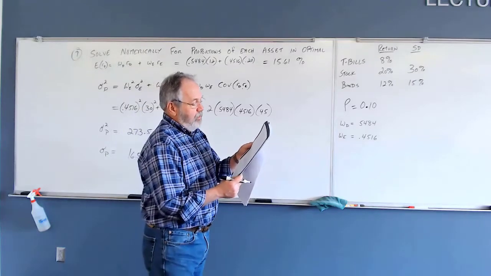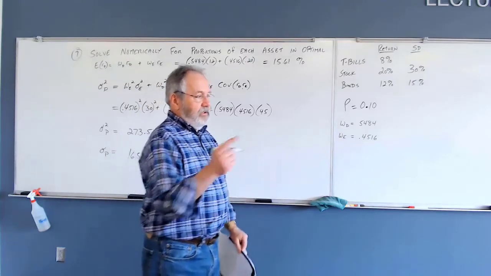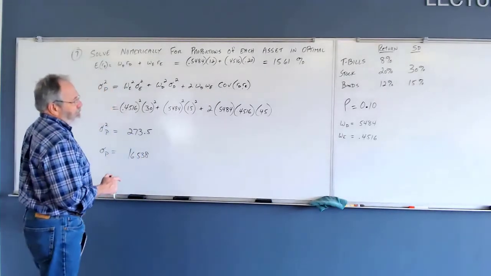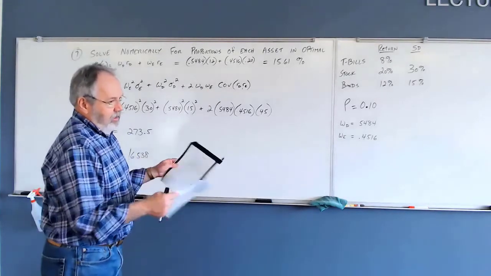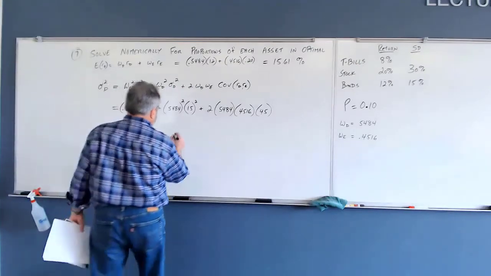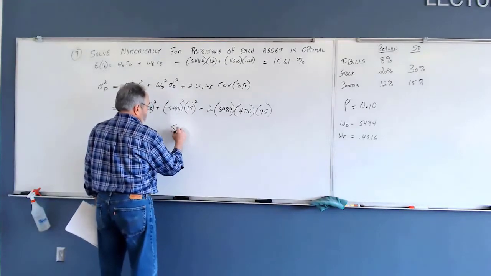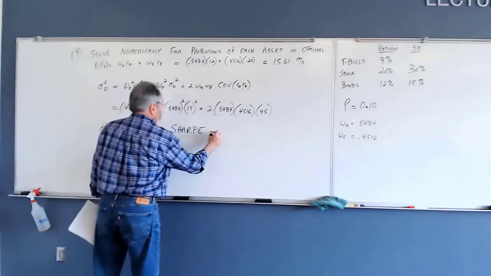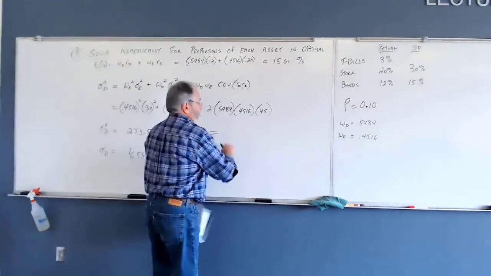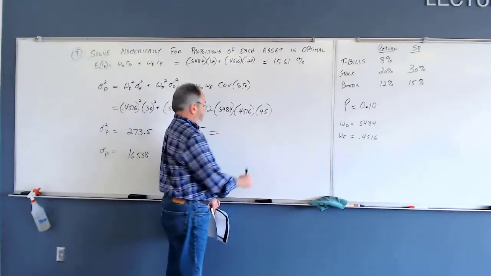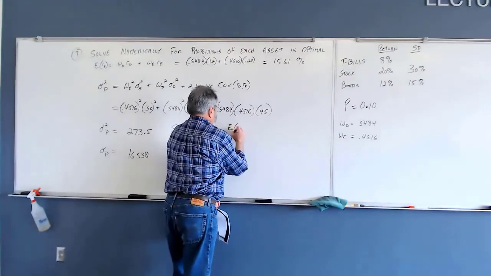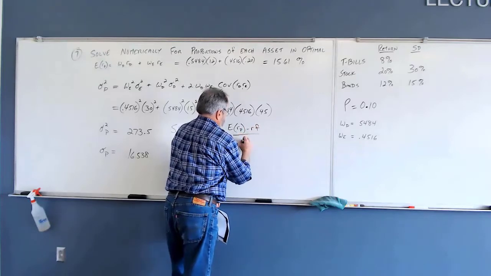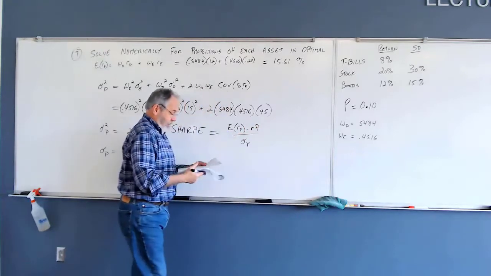says, what is the Sharpe ratio of the best feasible portfolio? Well, we all know, right? Sharpe is some sort of a measure of reward over risk. Expected return minus risk-free over sigma p.